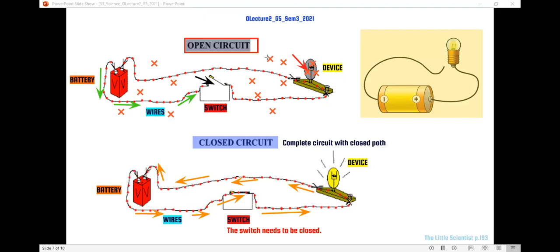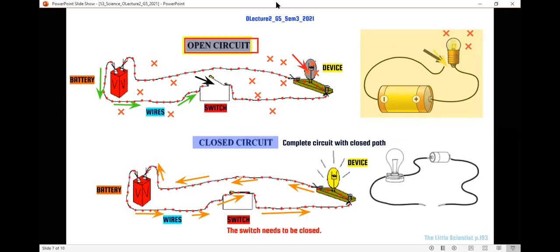No. It's off. It will not light up, because look, it is open. The electrons cannot move, so it is an open path.